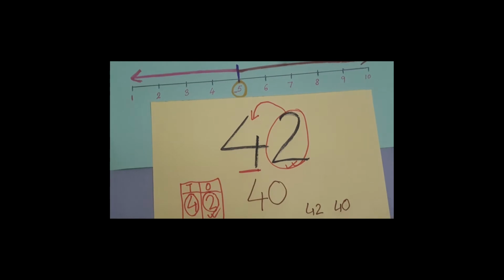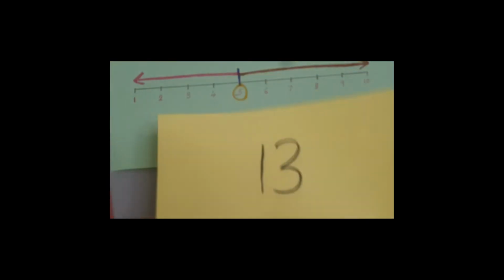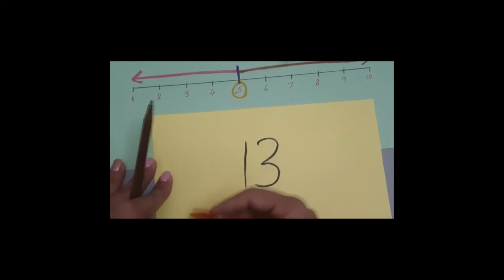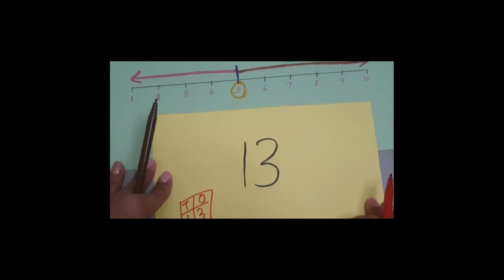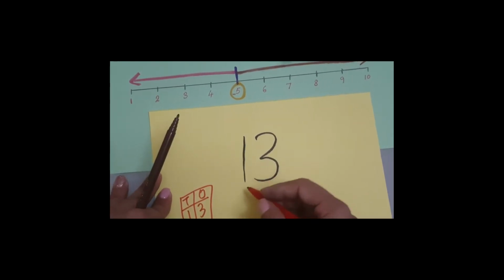Now let's understand with one more example. We have this number 13 now. Let's figure out the number at tens and ones place quickly. So you know how to represent a number on the place value chart? Great.